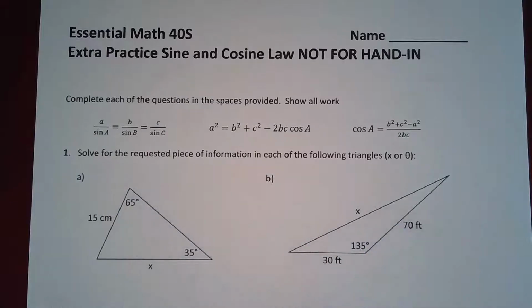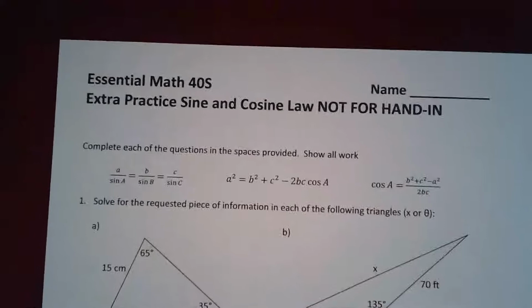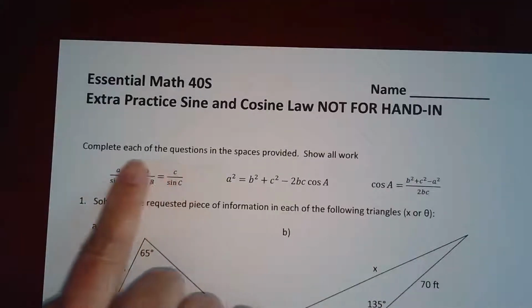When we look at this one, what can we do? Last time, in the very last lesson in trigonometry, we looked at when to use what formula. So we said this is the sine law formula.